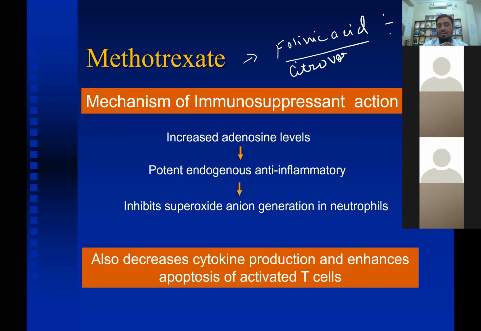Okay, so if citrovorum factor is asked to you, don't get confused. It is the same as folinic acid, which is used for prophylaxis of megaloblastic anemia when you are giving methotrexate.